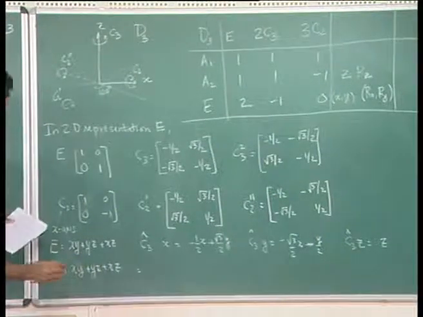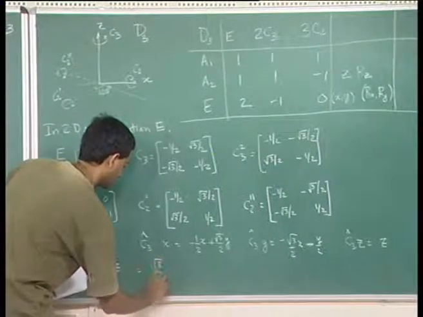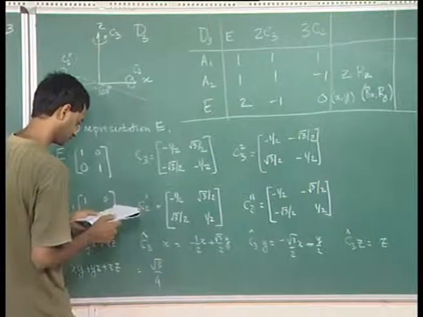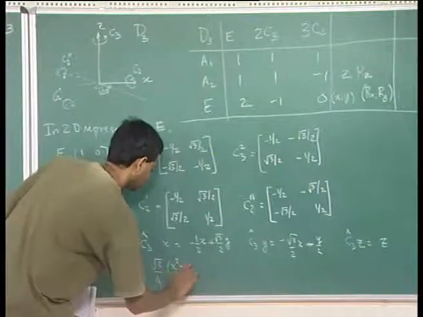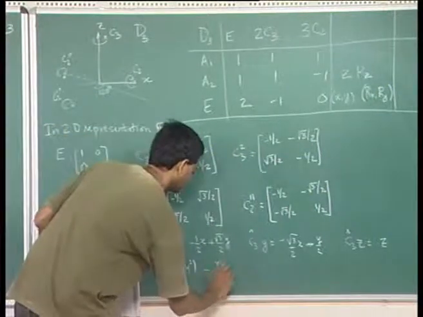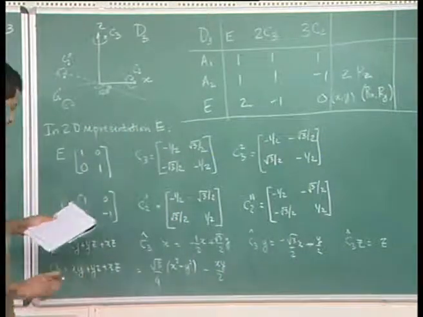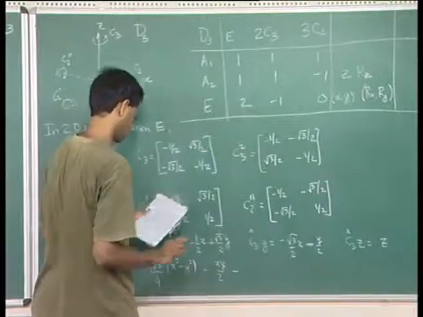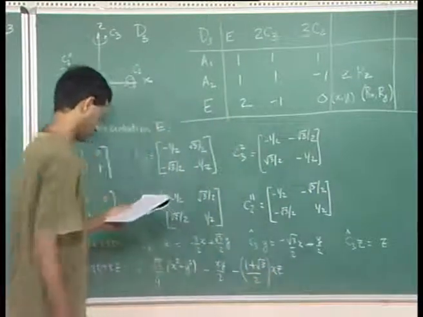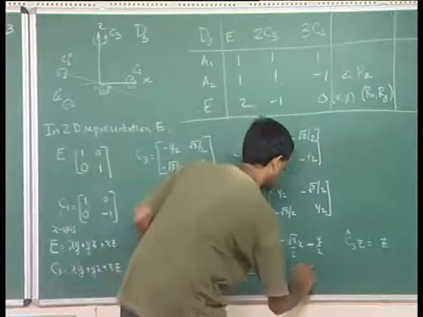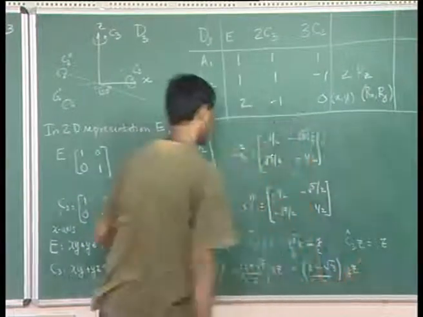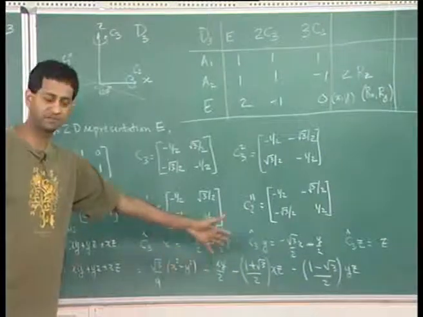The total expression that you will get is root 3 by 4 into X square minus Y square, minus XY by 2, minus 1 plus root 3 by 2 XZ, minus 1 minus root 3 by 2 YZ. So you can take all these products and you can verify that this indeed is the expression.